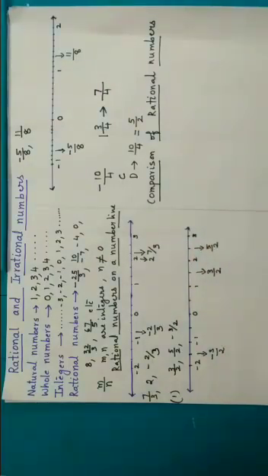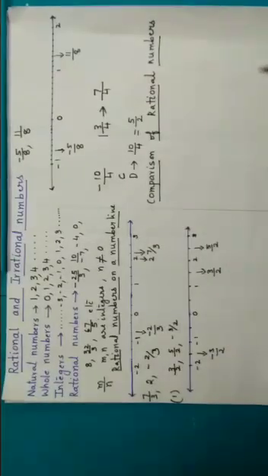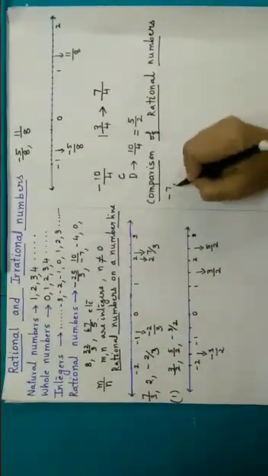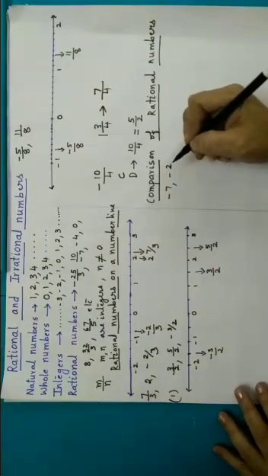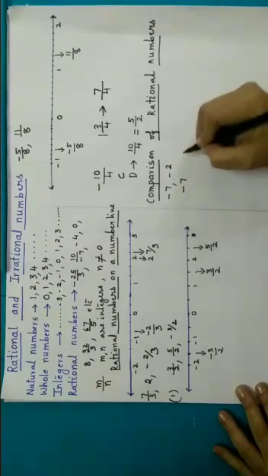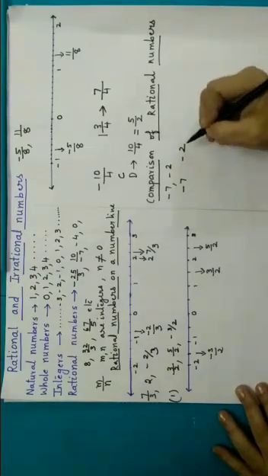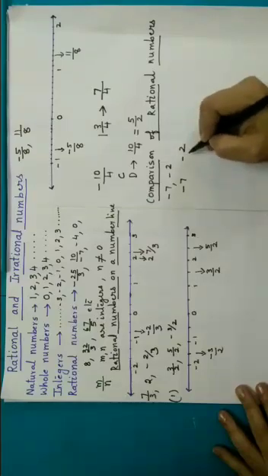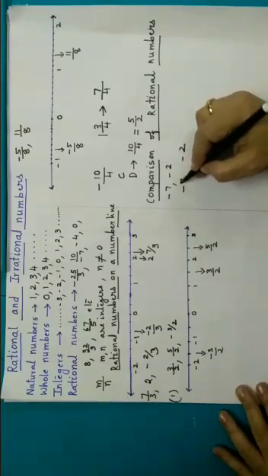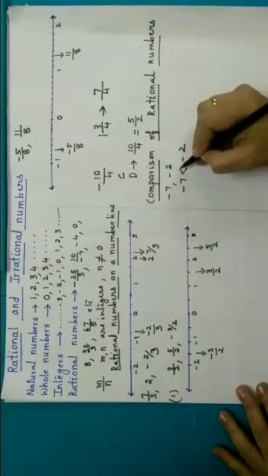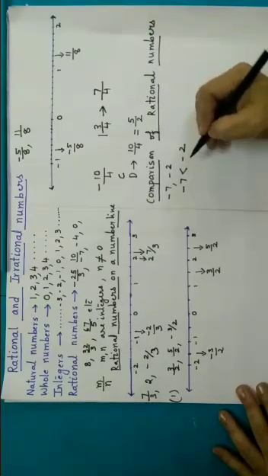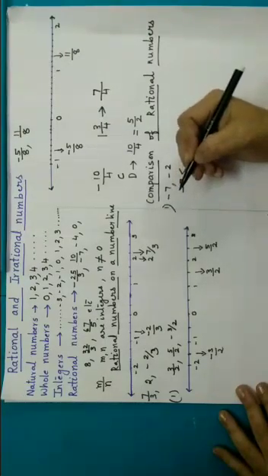First of all, we'll take one example for comparing rational numbers. Minus 7, minus 2. It is very easy. So, how can we compare? Minus 7 and minus 2. Which is bigger, which is smaller? Both are negative. The bigger negative will be smaller. The smaller negative will be bigger. This way we can easily compare these numbers.